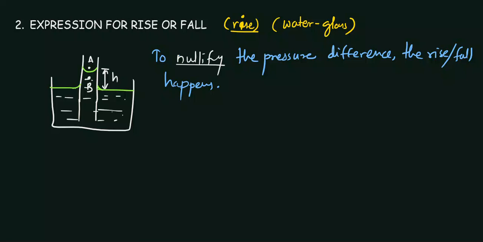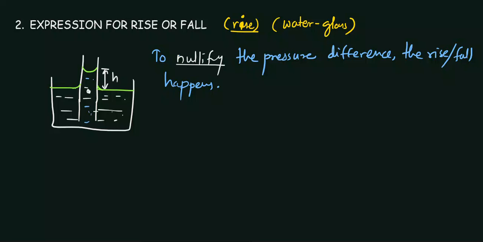So whatever the rise that has happened, if you see here, that will be equal to the excess pressure difference. So if you take pressure at this point, it is very important now. It will be a little confusing for you if I write the same points here, A, B. So I am writing a few new points here.